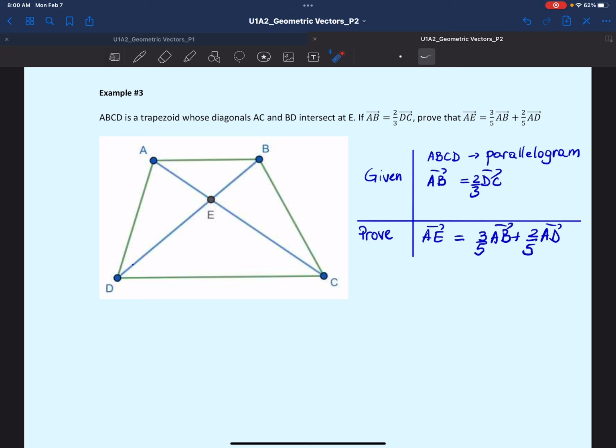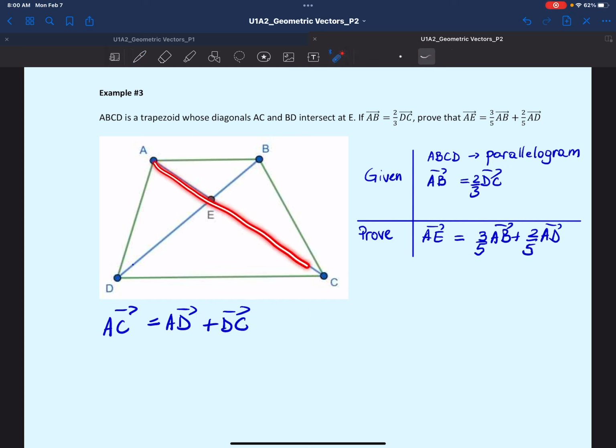Now, remember that AE is actually part of the diagonal AC. So I am going to start off by working with the diagonal AC, and we'll say that AC equals AD plus DC.